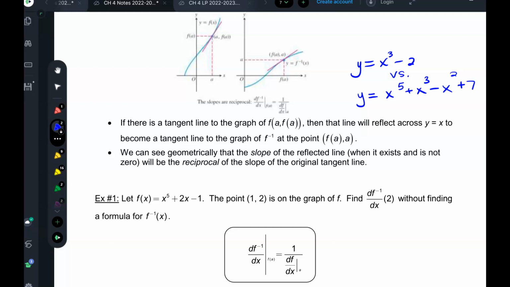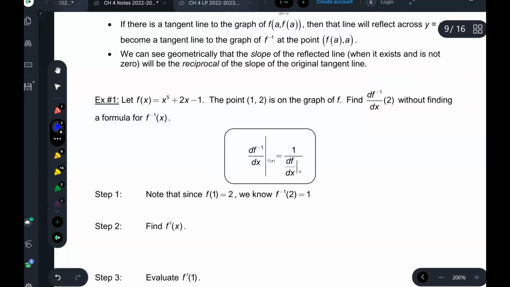So this is why we use this formula, because I can evaluate the derivative of the original function. I can't find the inverse algebraically, so that gives you 1 over the derivative of the original.